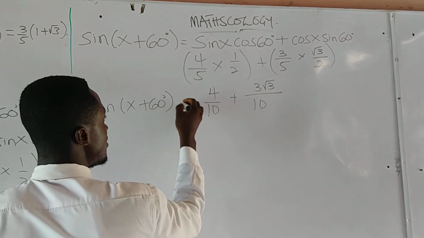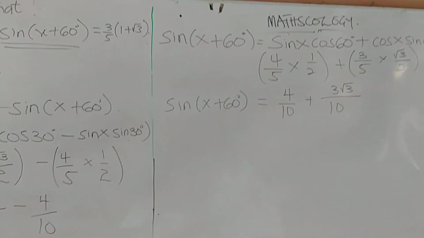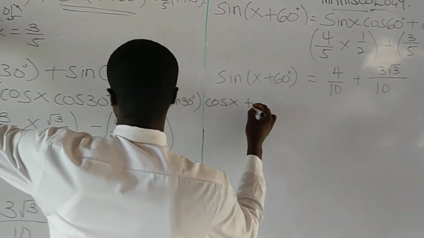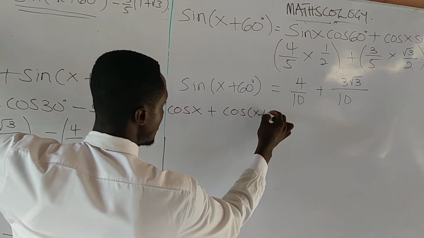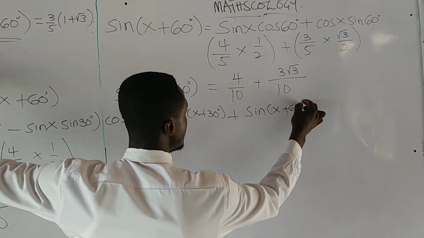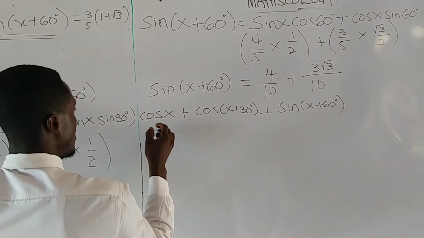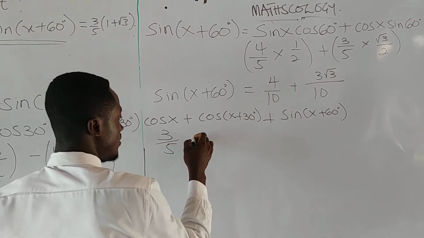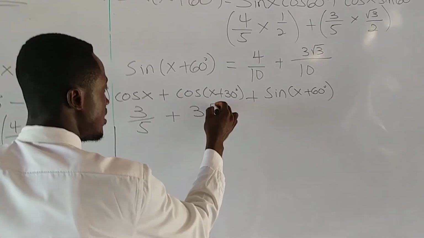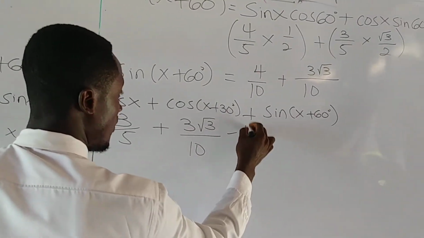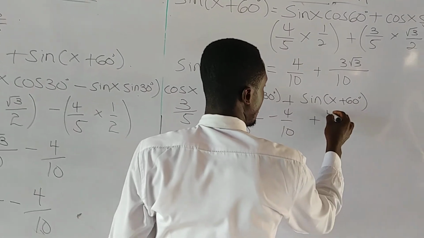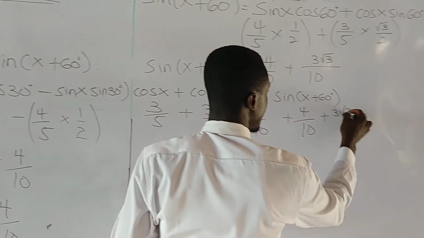That is sin(x + 60 degrees). So now let's come back to the main equation. Cos x plus cos(x + 30 degrees) plus sin(x + 60 degrees). Cos x we have 3 out of 5, plus cos(x + 30 degrees), we had 3 root 3 on 10 minus 4 out of 10. Then sin(x + 60) is the same as 4 on 10 plus 3 root 3 on 10.